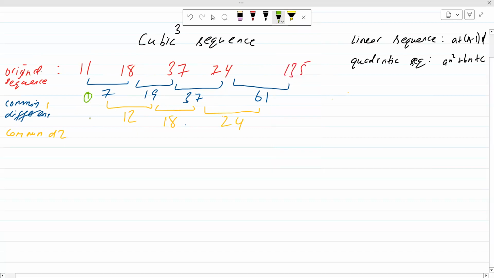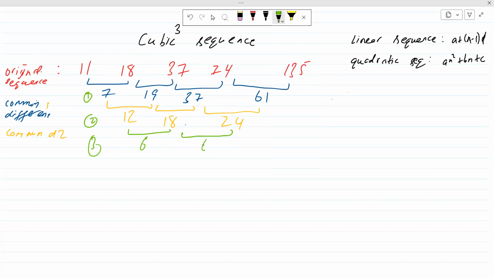This was number 1, number 2. Now third difference. 18 minus 12, 6. 24 minus 18, 6. So third difference is same. Hence, it is a cubic sequence.